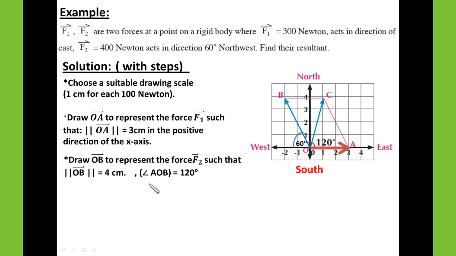In the direction, here is OB, in the direction 60 northwest. So the angle between OB and the west equals 60 degrees. So the angle between OB and OA is 120 degrees.